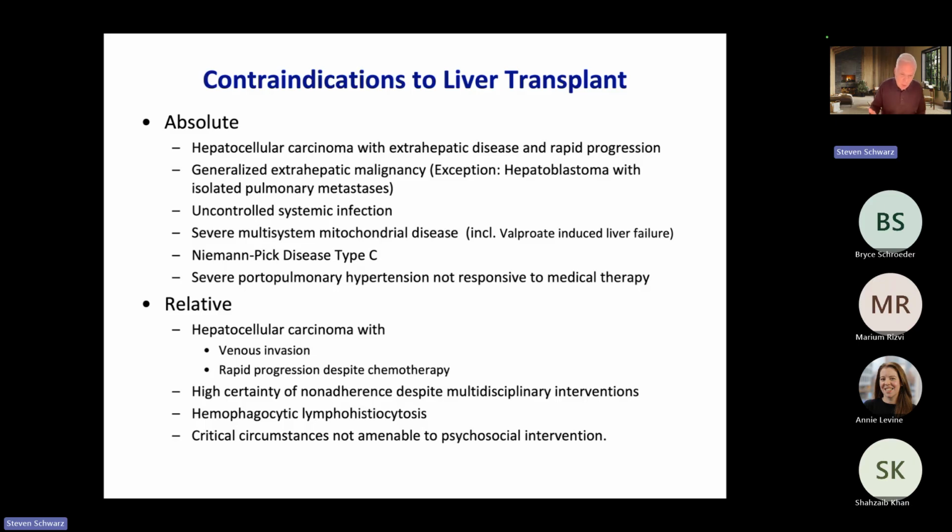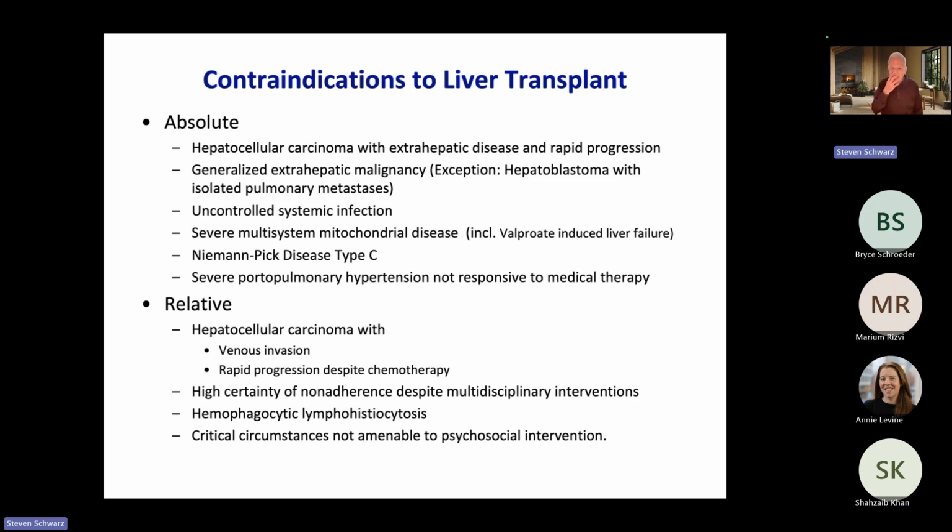What about the relative ones? We go back to hepatocellular carcinoma with venous invasion. In this case, these are patients who may present with Budd-Chiari syndrome, or those who have rapid progression despite chemotherapy.